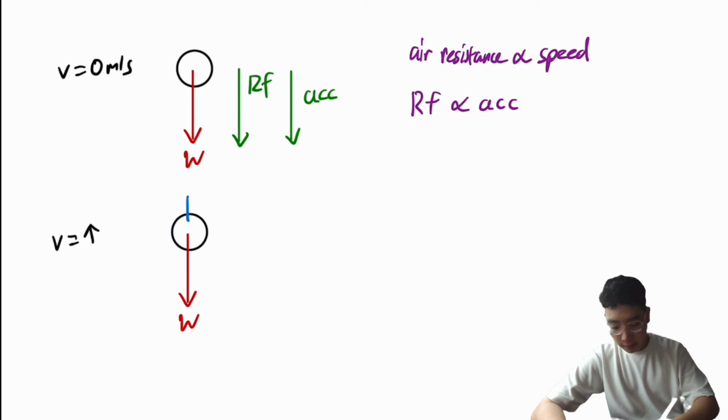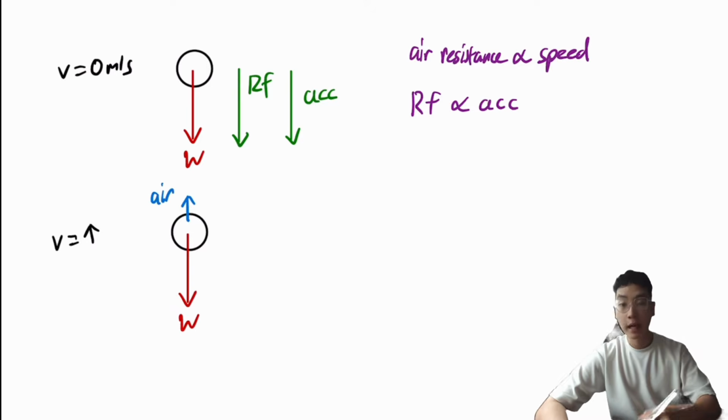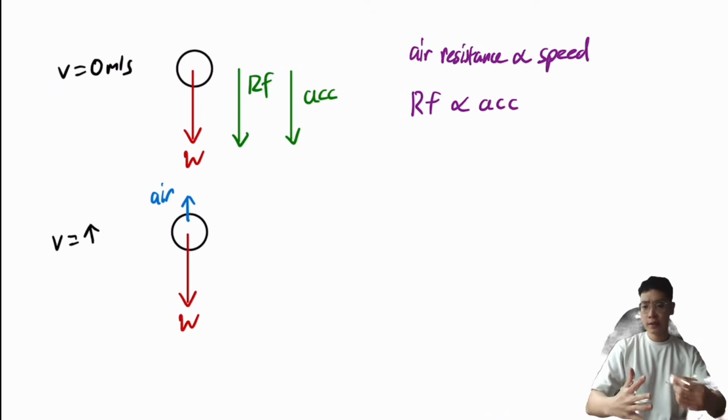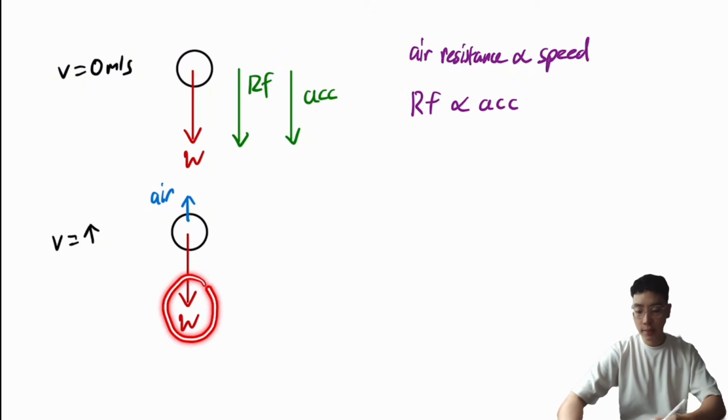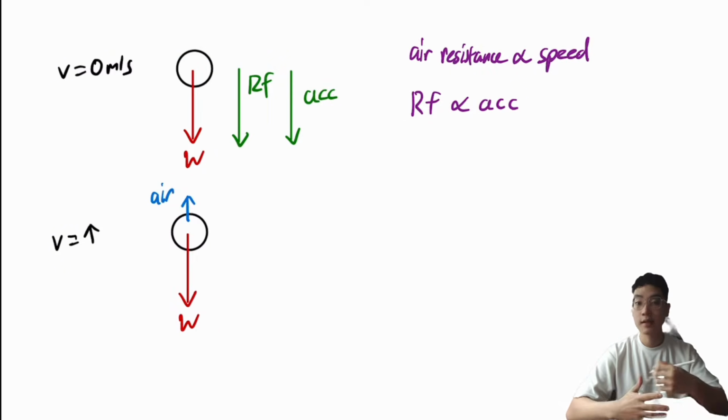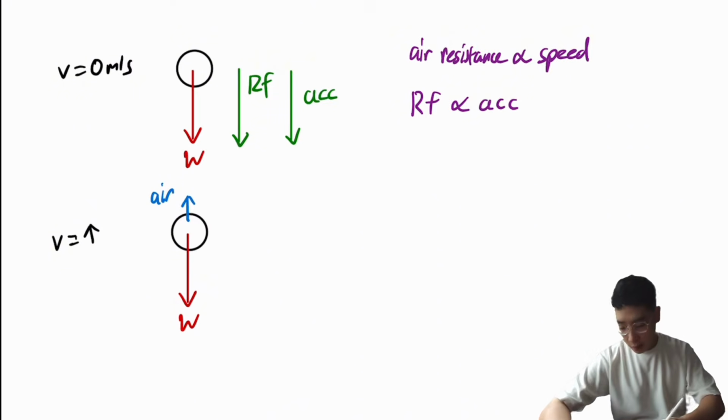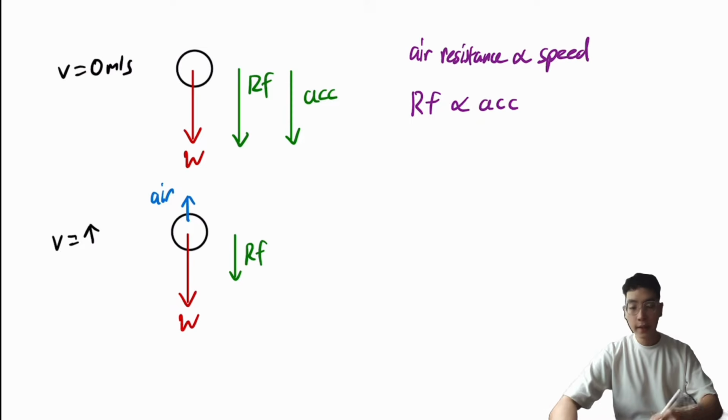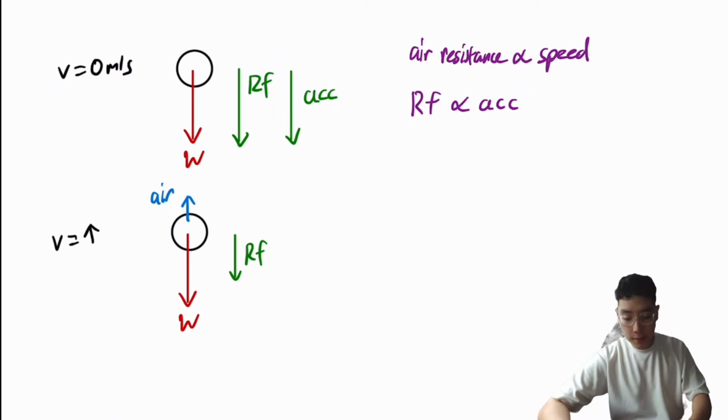Because the weight is acting downwards but the air resistance is acting upwards, the resultant force is smaller. The air resistance is cancelling out part of the weight. Since acceleration is related to resultant force, the acceleration also becomes smaller.